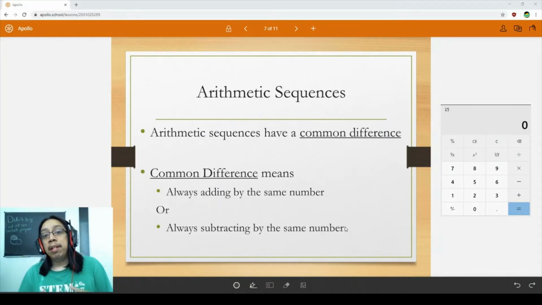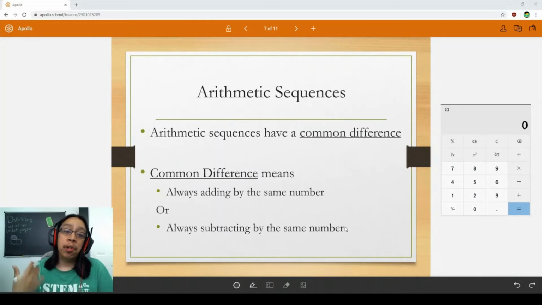So arithmetic sequences have what we call a common difference. A common difference basically means that your list is always adding by the same number, or it's always subtracting by the same number. So the first thing you always want to look out for is, what is the common difference?